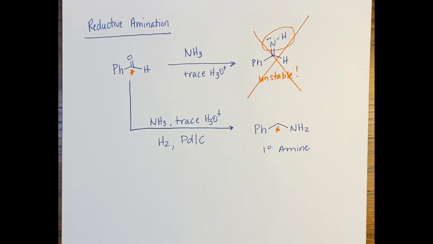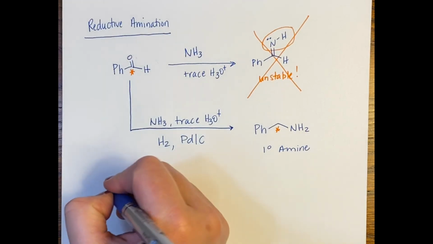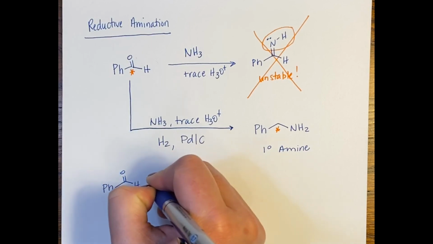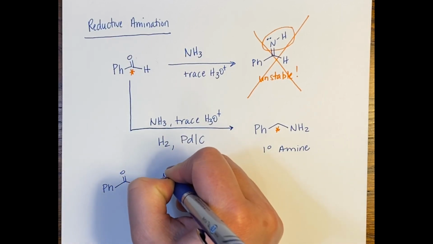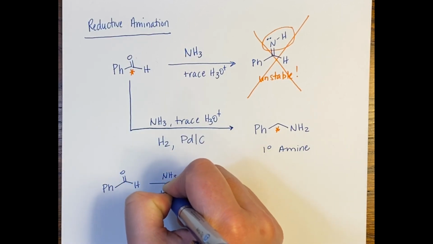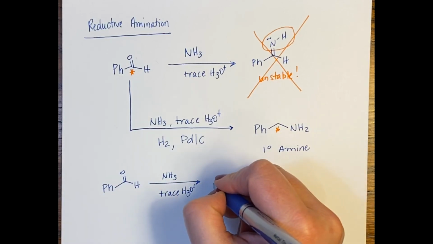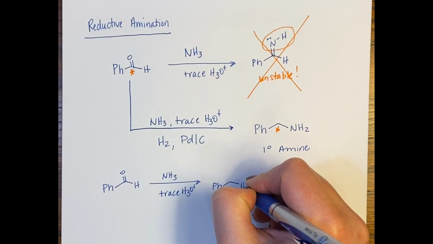So this is a good reaction to make a primary amine. Under the conditions of this reaction, my benzaldehyde will first undergo a reaction with my ammonia and my acid, and what I'll make out of that reaction is this intermediate.